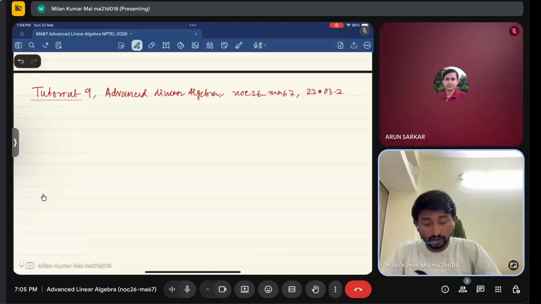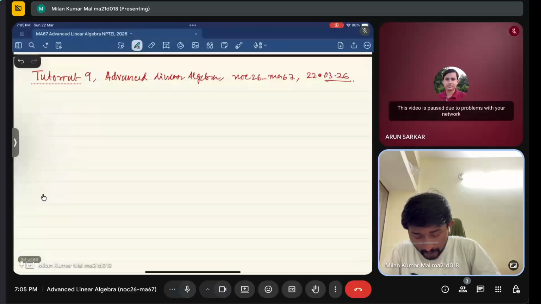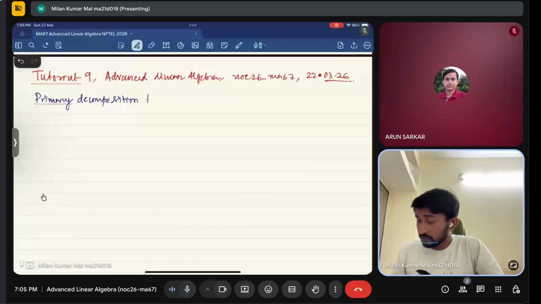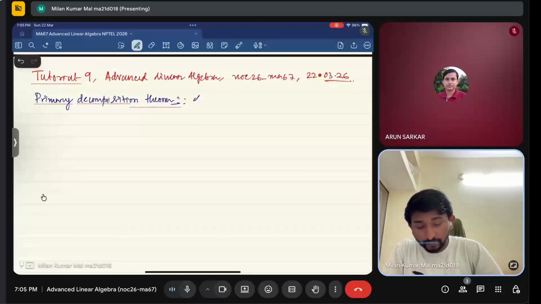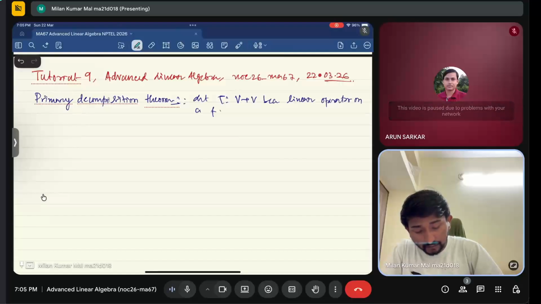What the primary decomposition theorem says is: let T from V to V be a linear operator on a finite dimensional vector space V over the field F.